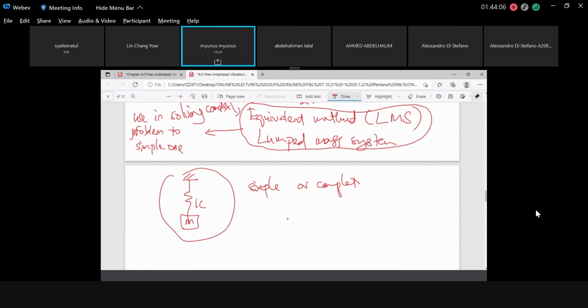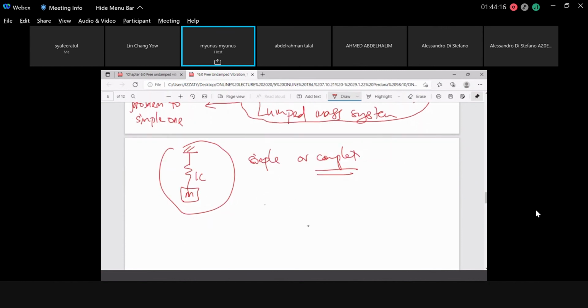Simple. So we cannot use it, there's no point in using this one. What does complex mean? Complex means that you have a rod or bar or beam, you have a spring, you have another spring.